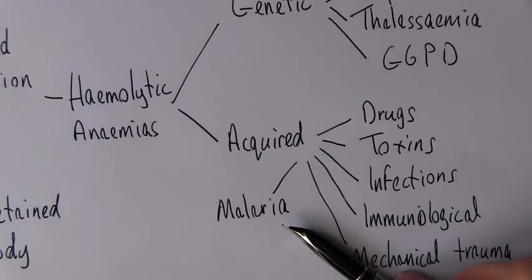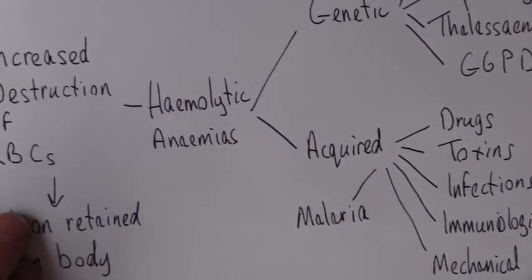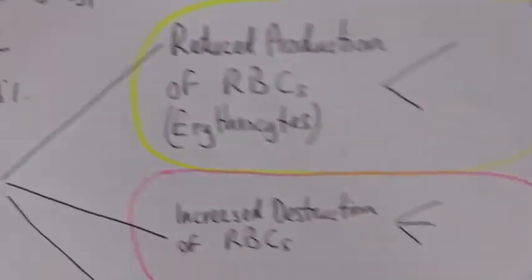Now, anyone with chronic malaria usually does suffer from a degree of anemia, but this is particularly a problem with falciparum malaria, and it often particularly affects children and pregnant women. So we've got a few causes there of the increased destruction of the red cells.